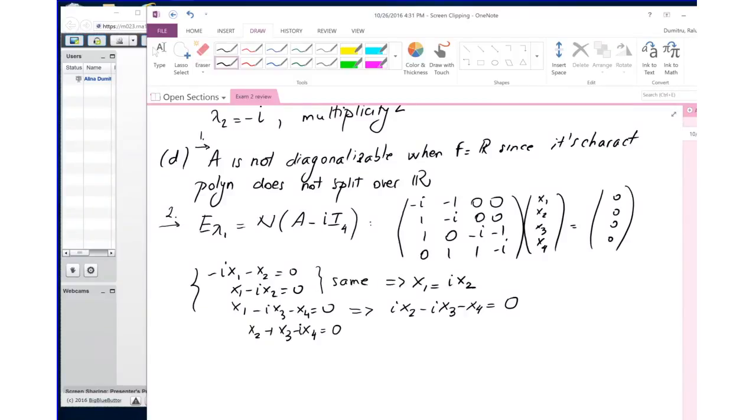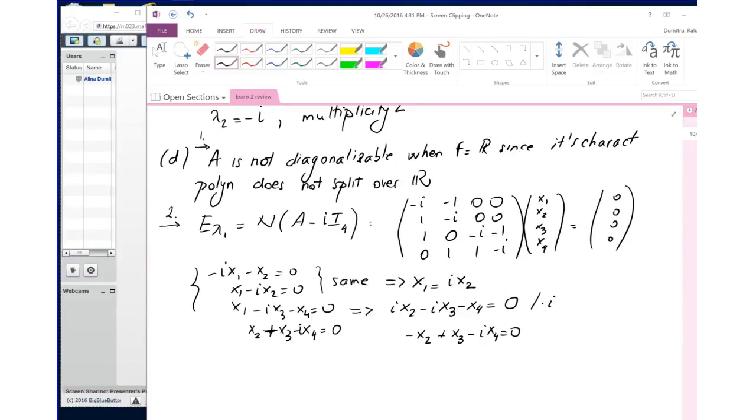Does the negative i, is that a plus i x3 or a minus? This is a plus. If you multiply by i, it gives you negative x2 plus x3 minus i x4 equals 0. That's not good. Because that means x2, well, I don't know. So do you see any mistakes so far in what I've done?